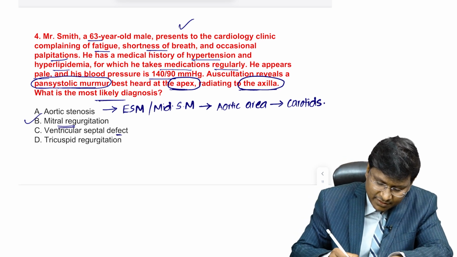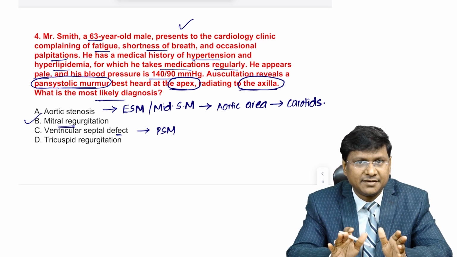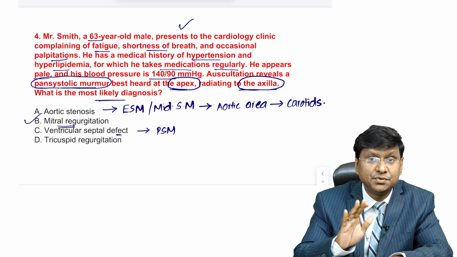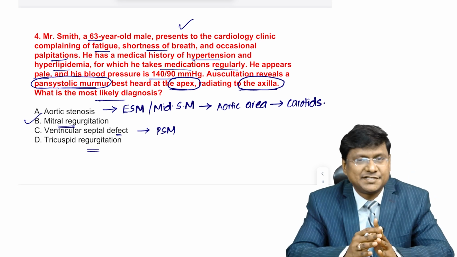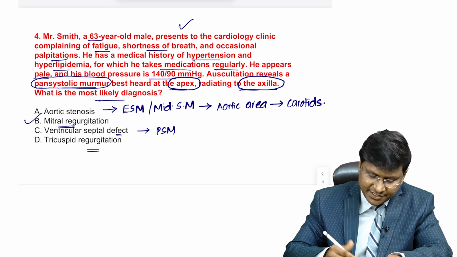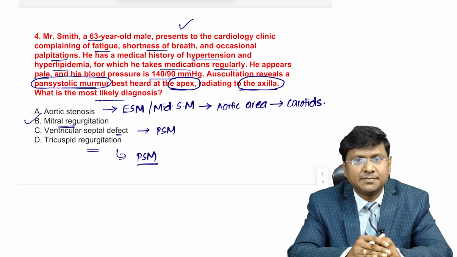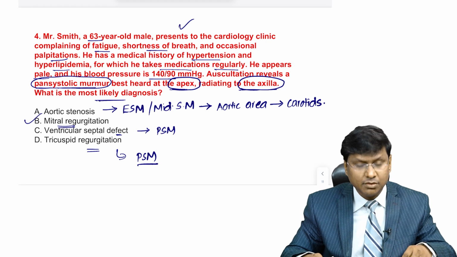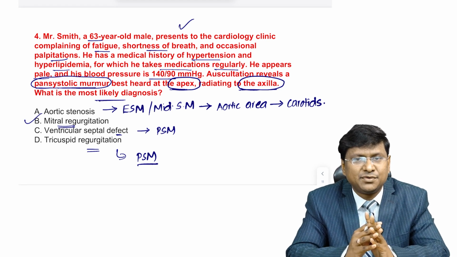Whereas in ventricular septal defect, you will have a pansystolic murmur, but radiation to the axilla will not be there. Then coming to tricuspid regurgitation, you will also have a pansystolic murmur, which will not be radiating to the axilla.